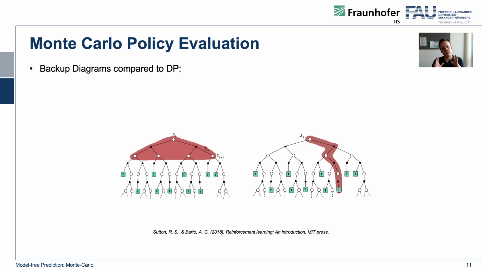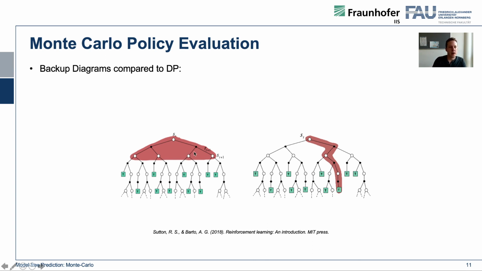Okay, so having seen how to evaluate policies using Monte Carlo, we can compare it a little bit to what we did with policy evaluation in the policy iteration framework with dynamic programming, where we computed it using the Bellman equation update.